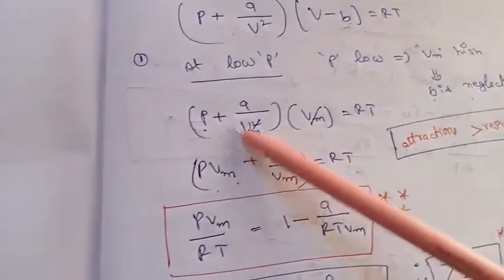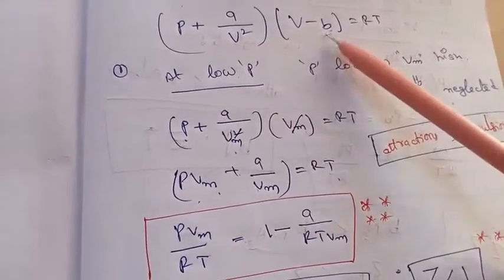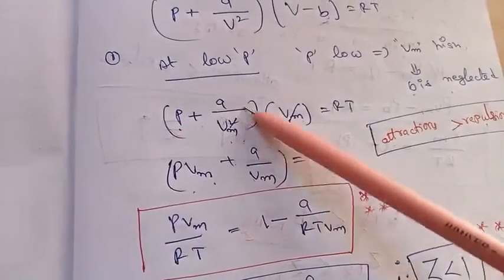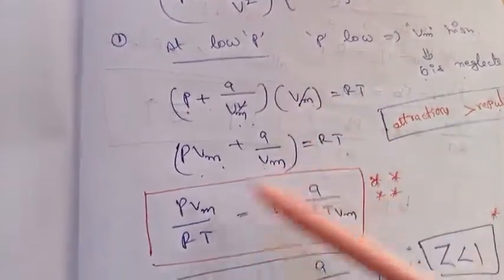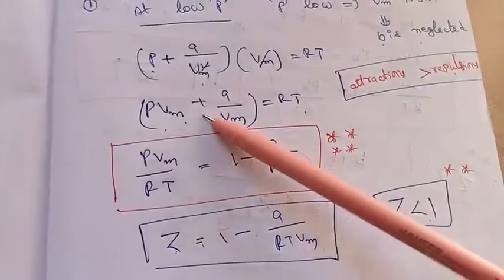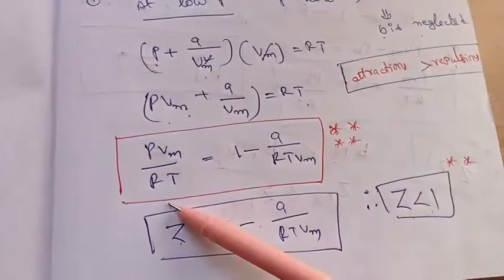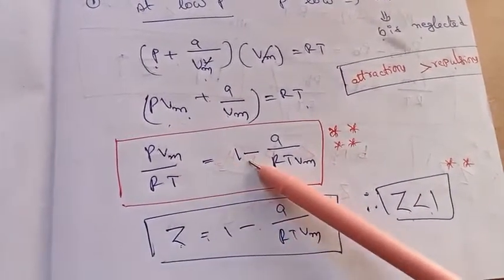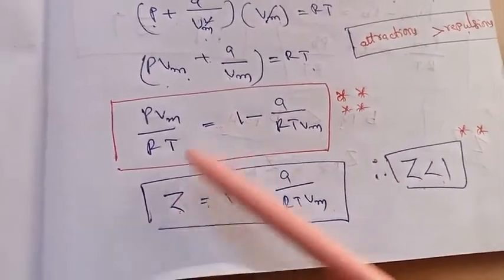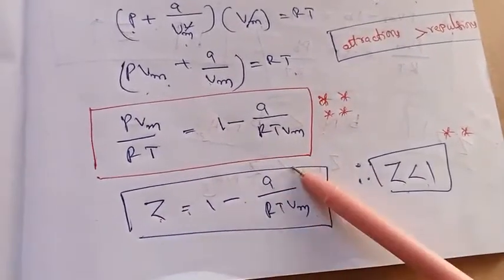So (P + a/Vm²)(Vm − b) = RT, with b neglected, gives PVm + a/Vm = RT. Dividing both sides by RT, PV/RT = 1 − a/(RT·Vm). PV/RT is the compressibility factor, so Z = 1 − a/(RT·Vm).